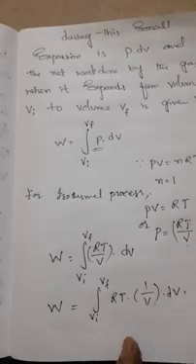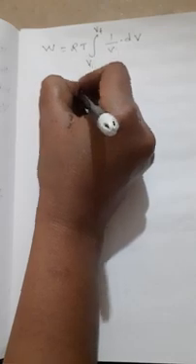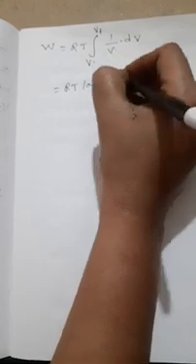Take out RT, and the integration of 1 by V dV from Vi to Vf gives RT log e of Vf by Vi.